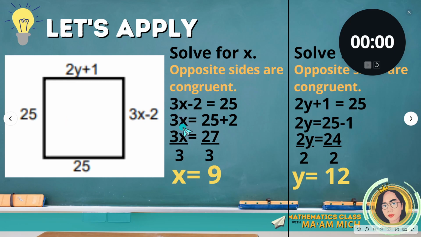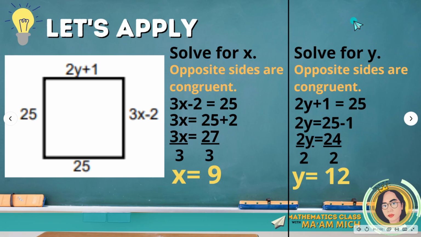To get the value of x, isolate all with the variable. We have 3x equals 25 plus 2. Negative 2, when you transfer it to the other side, will become positive 2. 3x equals 27. To get the value of x, divide both sides by 3. That will give us x equals 9. Did you get the same answer? Great job.